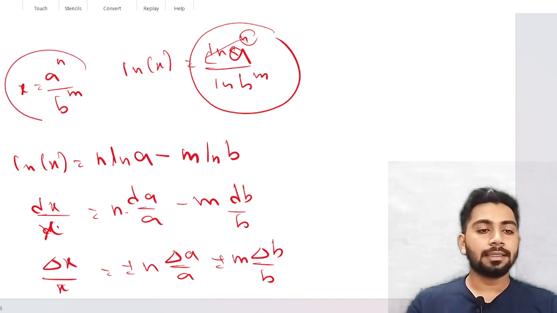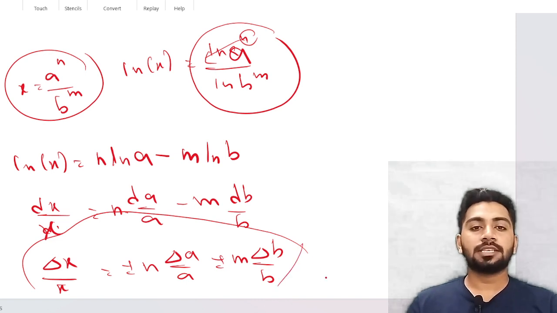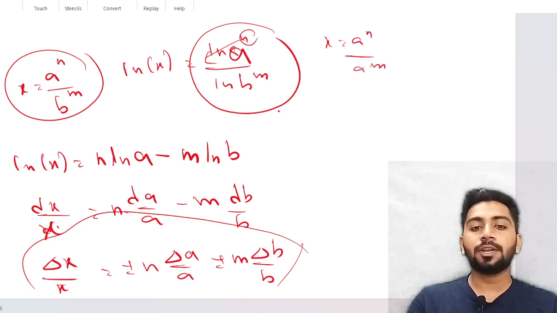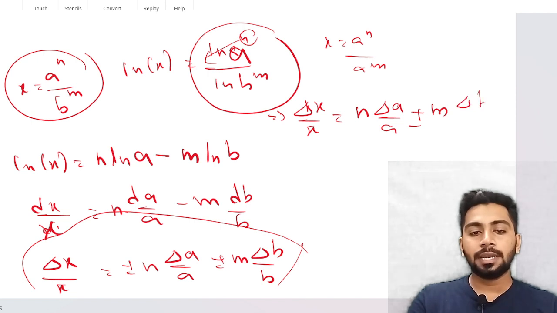That's so simple. When you have powers like this, you will use error. Simple things need simple solutions. Whenever you see x is equal to a to the power of n divided by b to the power of m, just add error first. Error is equal to n times error a divided by a plus m times error b divided by b.